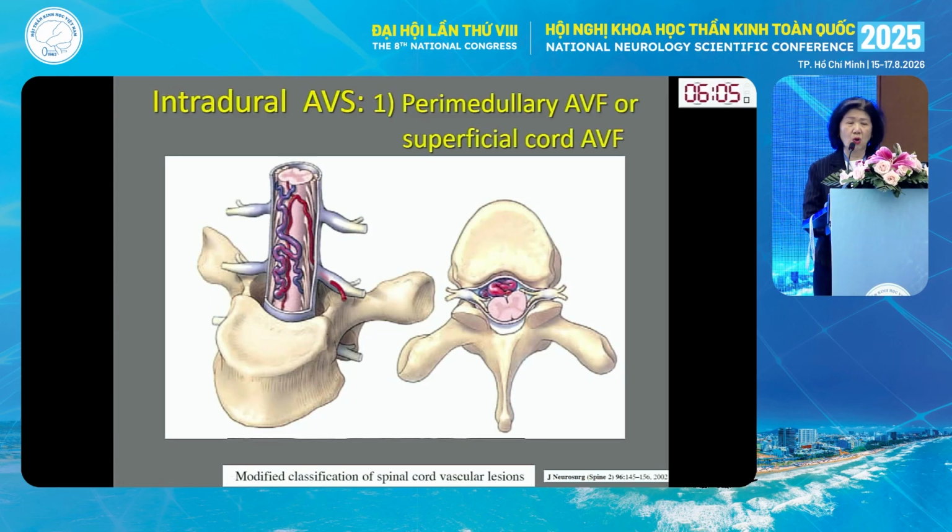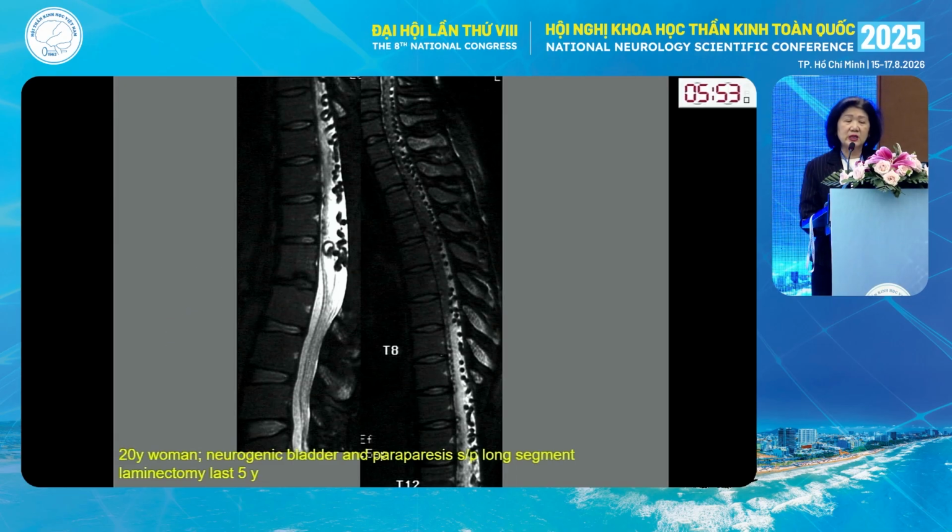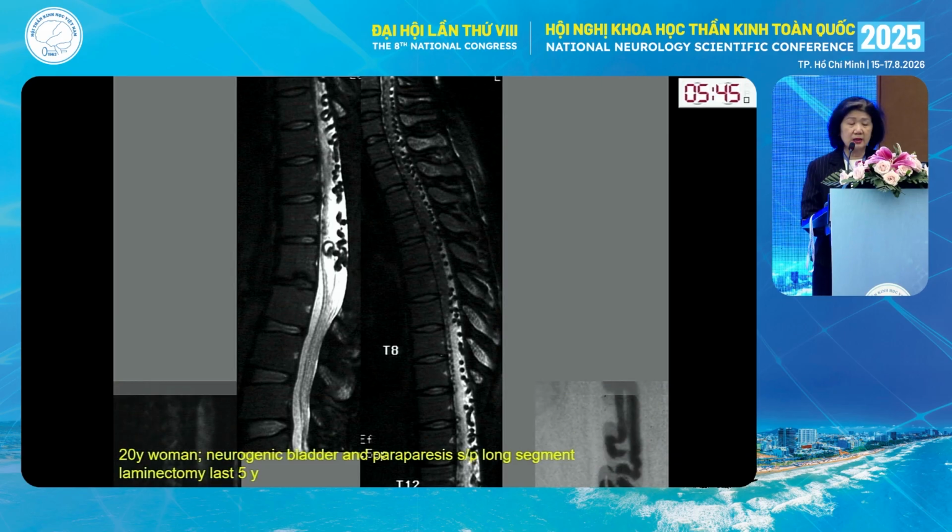Now we come to our intradural or spinal cord lesions. You can point to either micro or macro fistula. And this group of fistula is just the superficially located intradural or spinal cord AV fistula. Usually it happens in a younger age group.